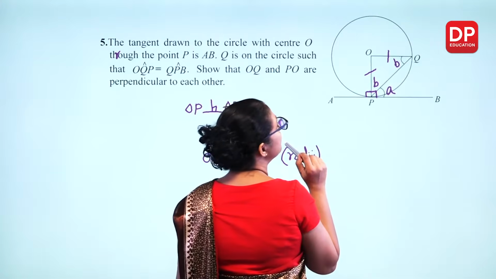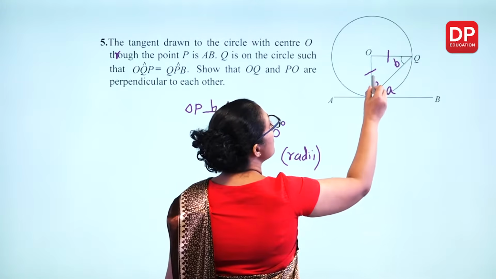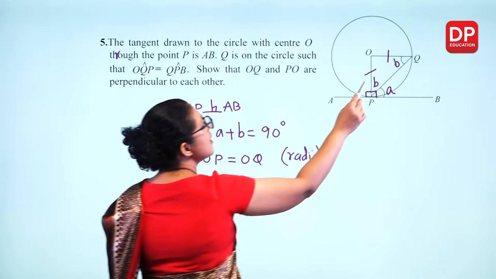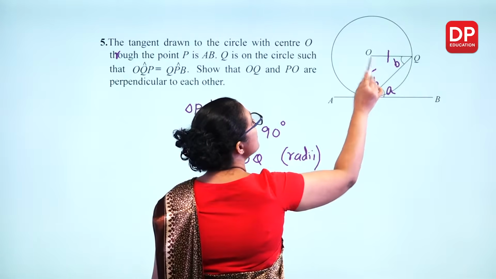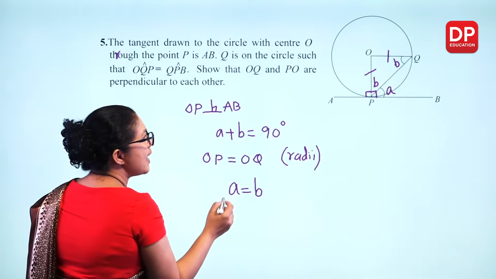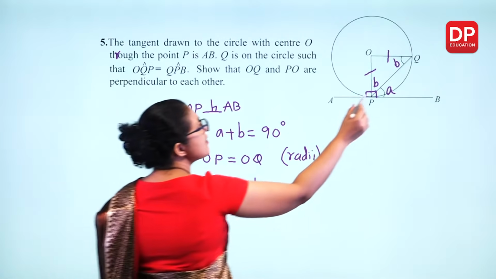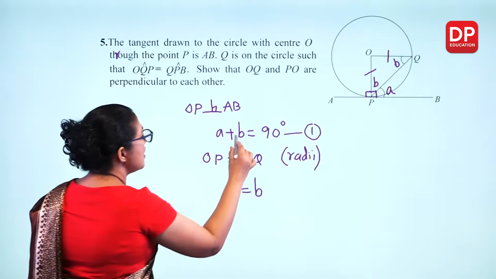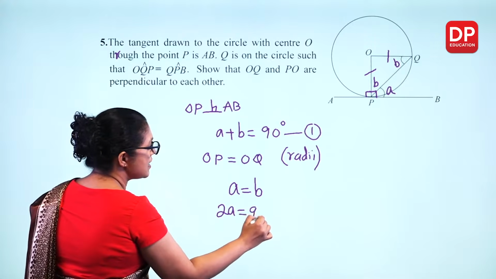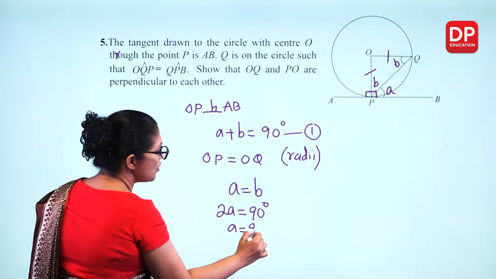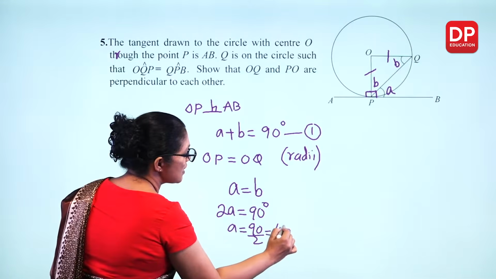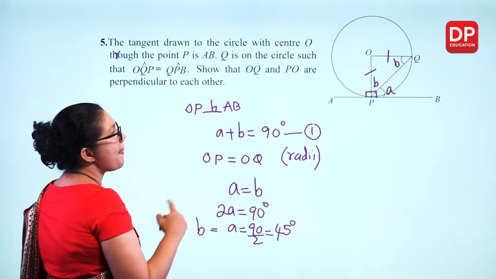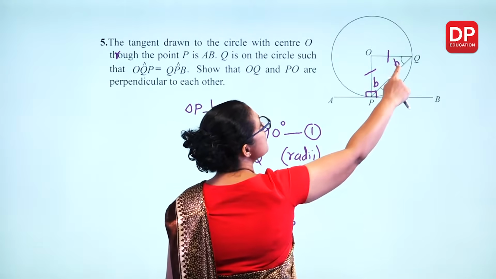If A equals B, I can write down these two are equal. So this becomes 2A. So 2A, this is also A now. From this equation, 2A becomes 90 degrees. A becomes 90 divided by 2, 45 degrees. This is also B. So this is 45, this is 45.